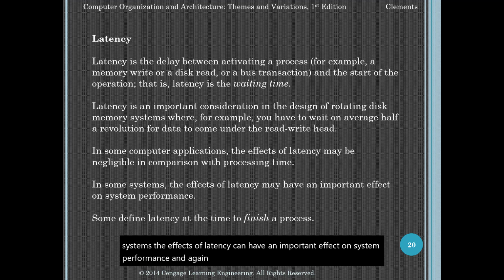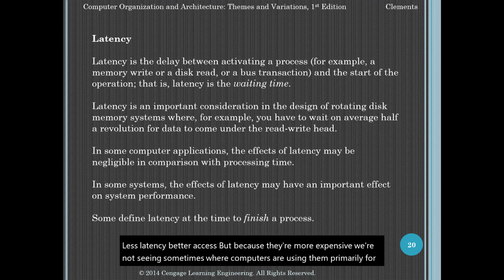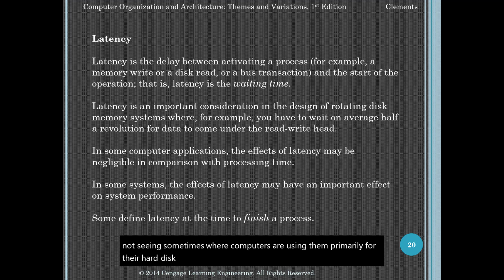And again, that goes back to why we're starting to see these solid state drives, which have faster read and write time, right? Less latency, better access. But because they're more expensive, we're seeing a mix.